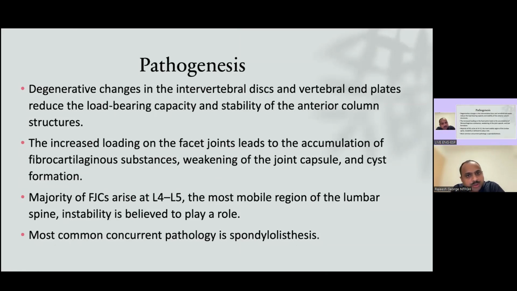This reduces the load bearing capacity of the anterior column and hence shifts the load onto the posterior column, which involves the accumulation of fibrocartilaginous substances, weakening of the capsule, and cyst formation. Like I mentioned, the majority of the cysts appear at L4-5, the most mobile region, and the common concurrent pathology associated is spondylolisthesis.